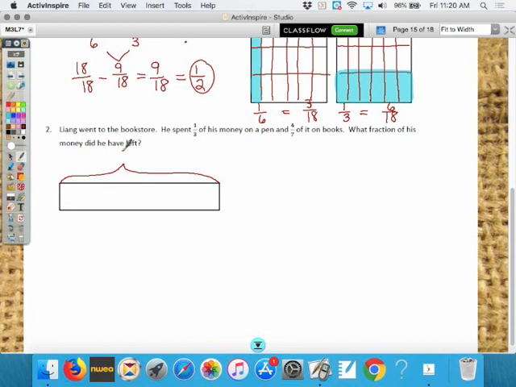So we could call it one wallet, or we could just say one whole, but it's all the money. So how many sections again? 3. We've got pens and books, and what is left over?